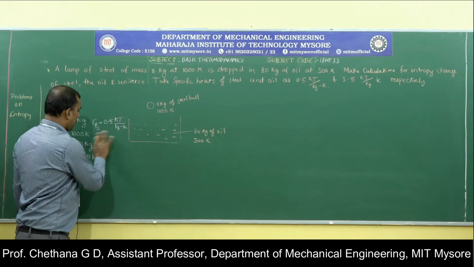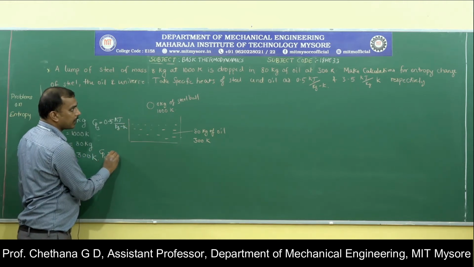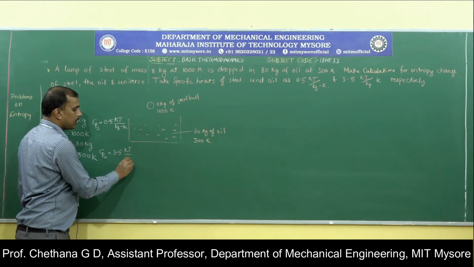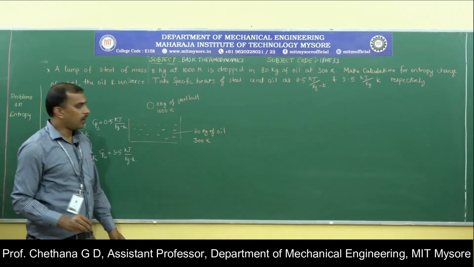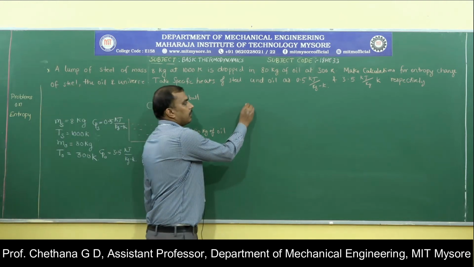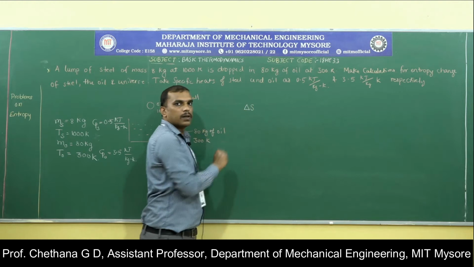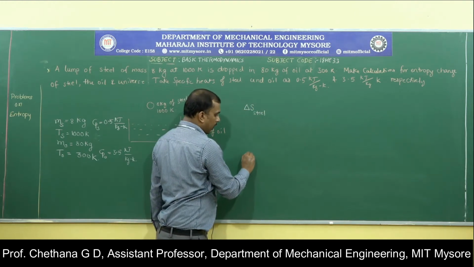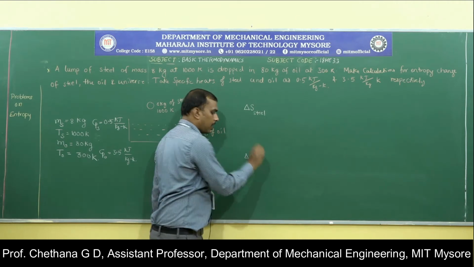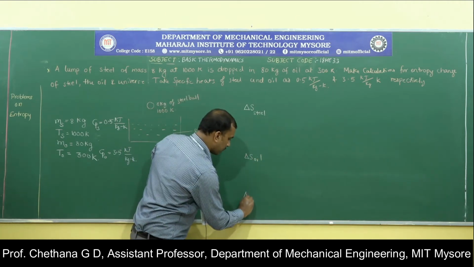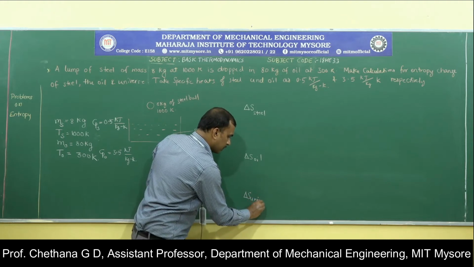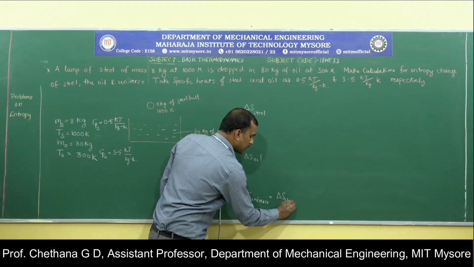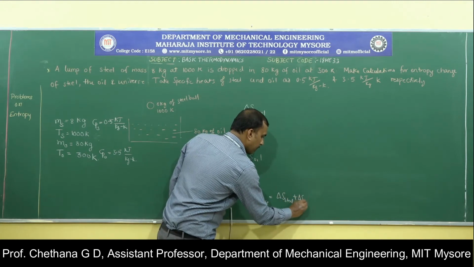Similarly, Cp of oil is also given, 3.5 kilojoule per kg Kelvin. Now we go for change in entropy of steel ball, and then we'll go for change in entropy of oil, then we'll go for change in entropy of universe, change in entropy of steel plus change in entropy of oil.